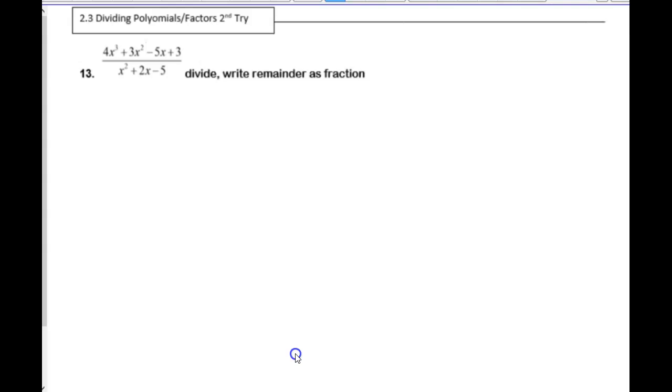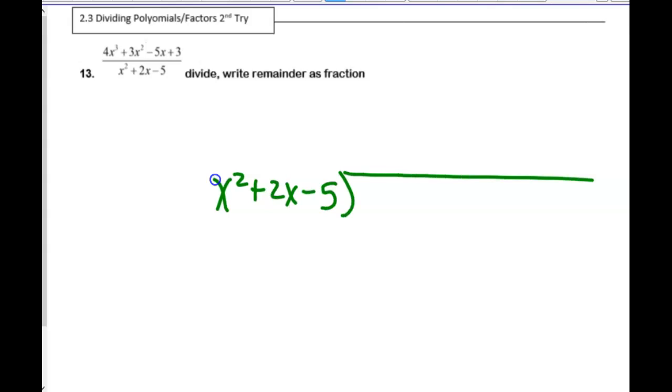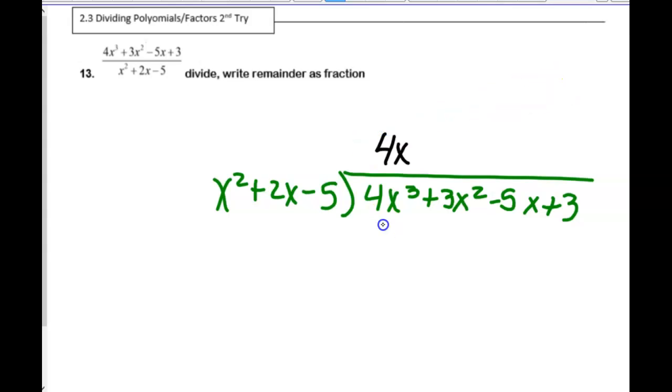13, long division. X squared plus 2x minus 5 into 4x cubed plus 3x squared minus 5x plus 3. Don't need any placeholders. I don't think this is as long as you think it is, though. We've got to have a what? 4x.